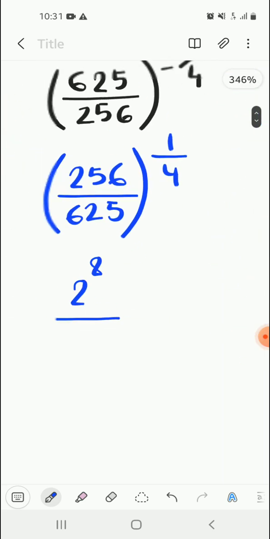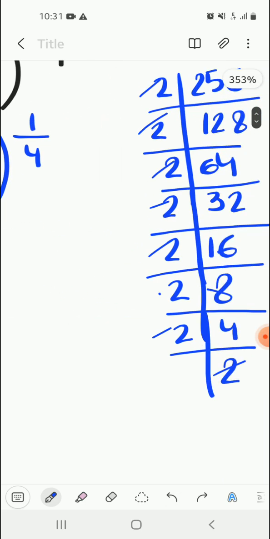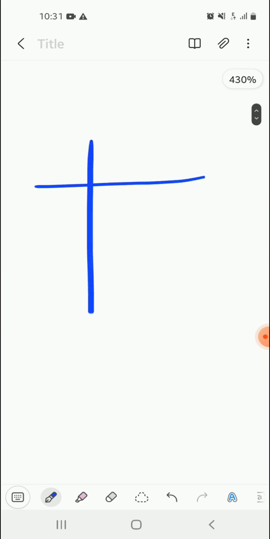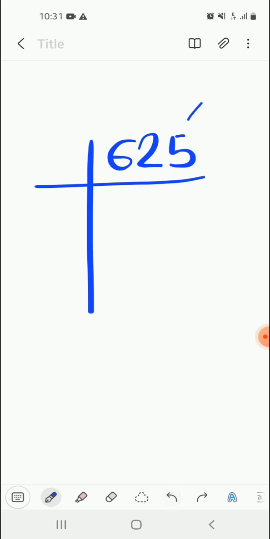Divided by. Now we are going to find the factors of 625. So let's do it. Over here it ends with a 5, which means it is not an even number, so it will not be divisible by 2 for sure. Now the sum of the digits is 6 + 2 + 5, which is 13. So not divisible by 3.